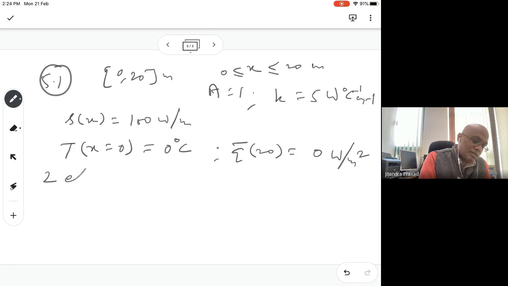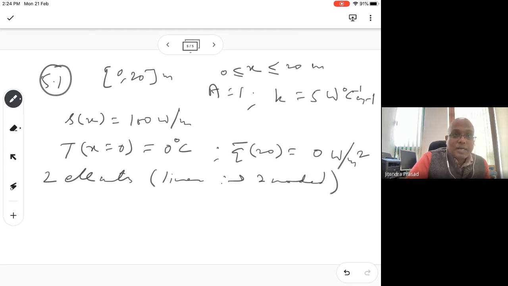So two elements, and it says linear. Linear really means two noded, right? Okay, and it says plot the finite element solution. So you have to find out T and dT over dx.